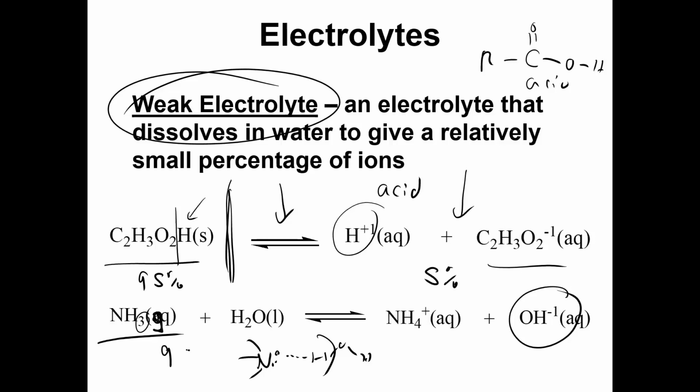Again, we have like 95%, and that's an approximation. 95% or more stays together as ammonia, as the base. Nitrogen bases. I don't know if you remember, but you should know ammonia is a household cleaner, and it's basic because it's an organic base or a nitrogen base, a weak base, and so that forms ammonium and hydroxide, and it's the hydroxide that gives it that base strength.